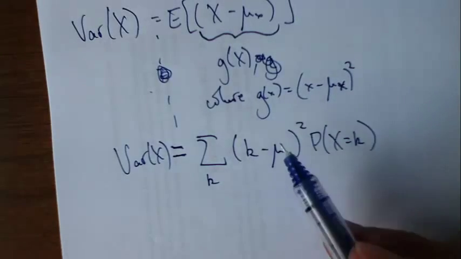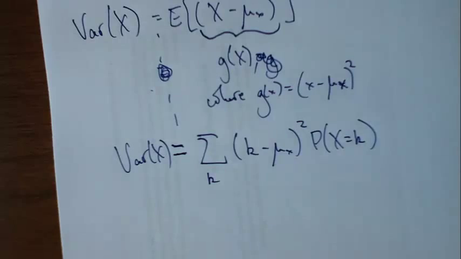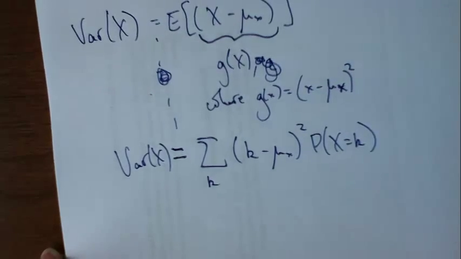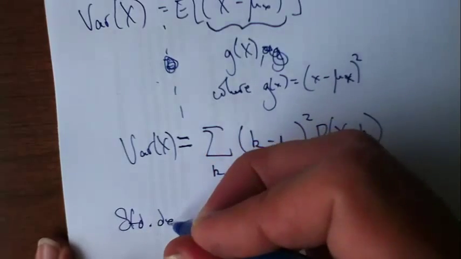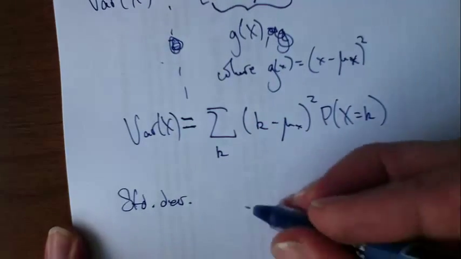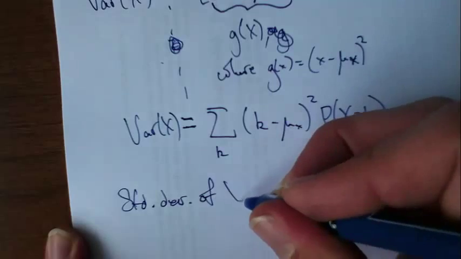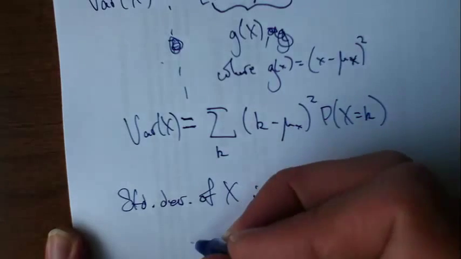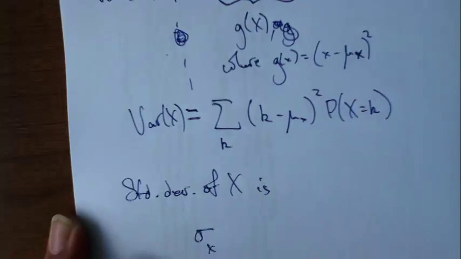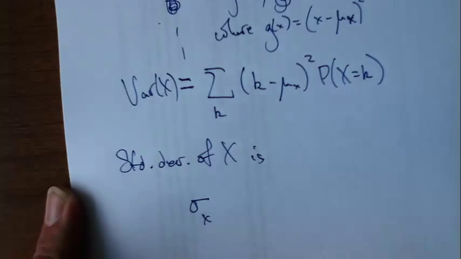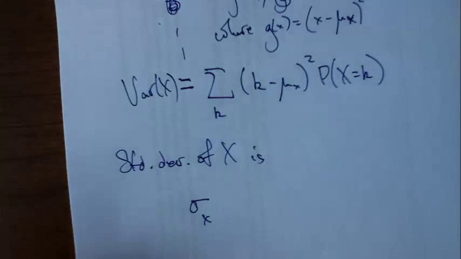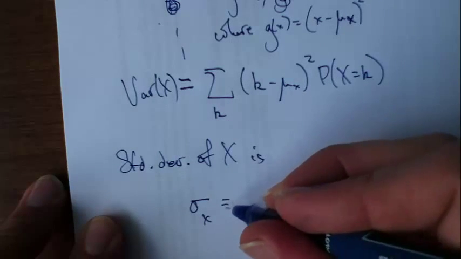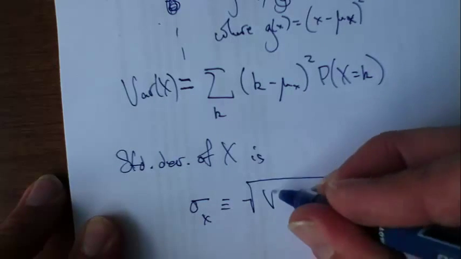That's the variance. By the way, one more thing. Sometimes you hear people talk about the standard deviation. The standard deviation of x is written like this. It's a lowercase sigma. And sometimes we'll put a little x there to denote that it's the standard deviation of the random variable x. And it's just defined to be the square root of the variance of x, okay?